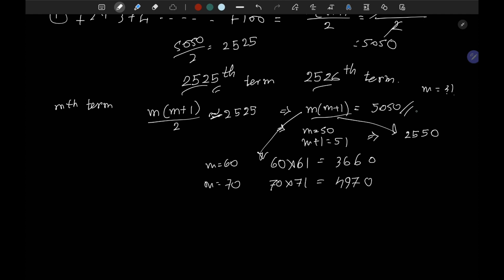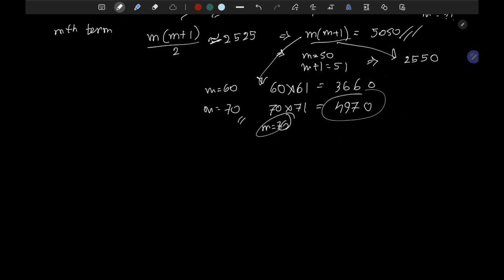we are almost there. Now this means that your value of m is 70. This is for sure. That means we had something like this: modulus of x minus 1 plus modulus of 2x minus 1 plus modulus of 3x minus 1 and dot dot dot.